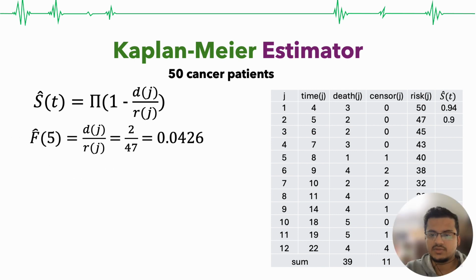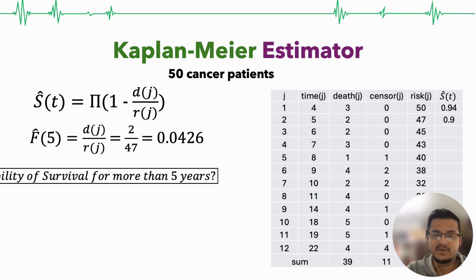For J equals 2, which is time 5, the probability of death in the 5th month is 2 over 47, which is 0.0426, as 2 deaths had occurred in the 5th month out of the 47 patients alive. Now, the question is, what is the probability that a patient will survive more than 5 months?